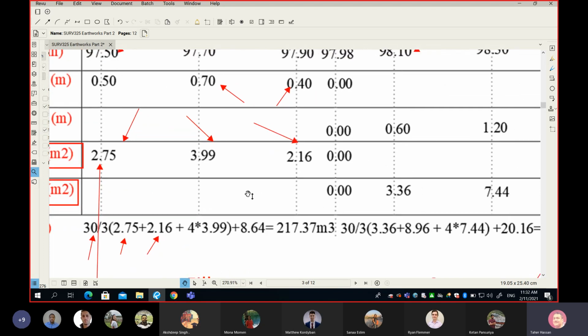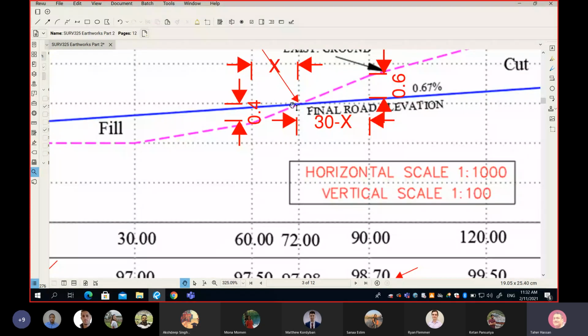The only thing that probably will bother you a little bit, please take a note in here: how did we get the 8.64, which is simply the same, 60 and 72. This volume here is a volume that has one area at one end and 0 at the other end. Okay, I want you guys to visualize it.